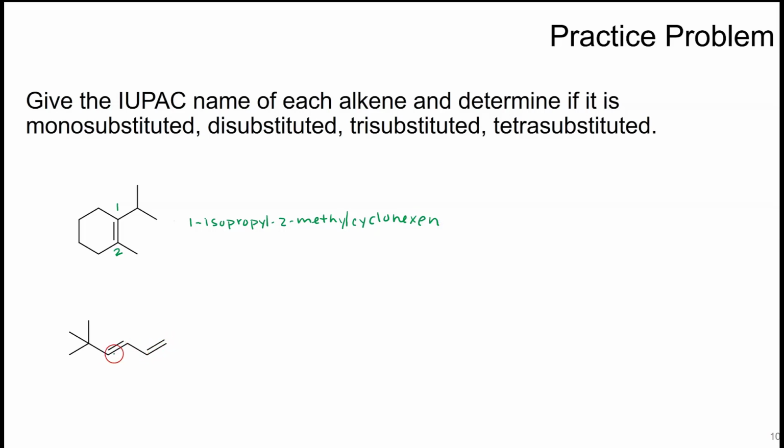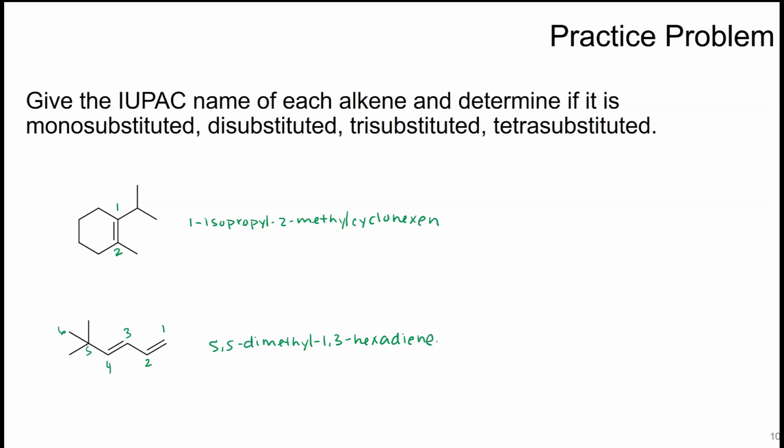Here we want a number to give the alkene the lowest numbering. This would be 5,5-dimethyl-1,3-hexadiene.